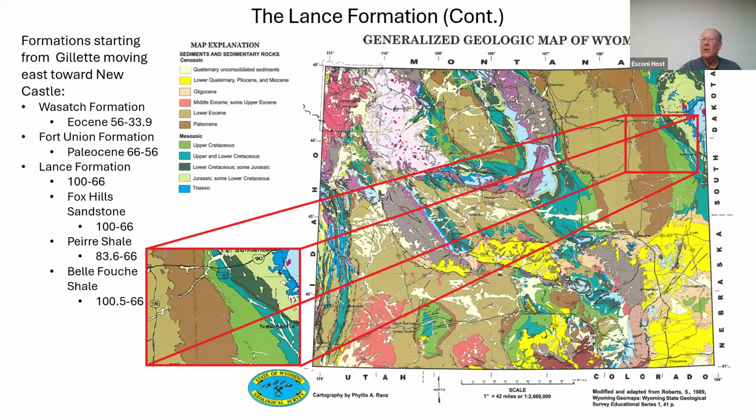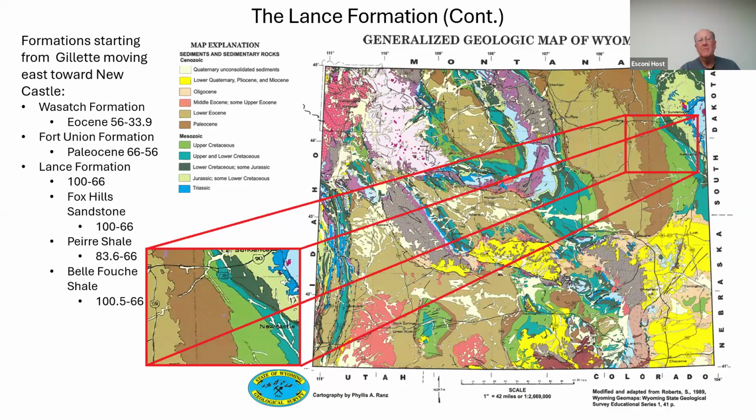Starting from left to right, there are several different types of formations. The Wasatch Formation, which is Eocene, existed 34 million to 56 million years ago. Fort Union Formation, which is Paleocene. The Lance Formation, which is also broken down into different layers.